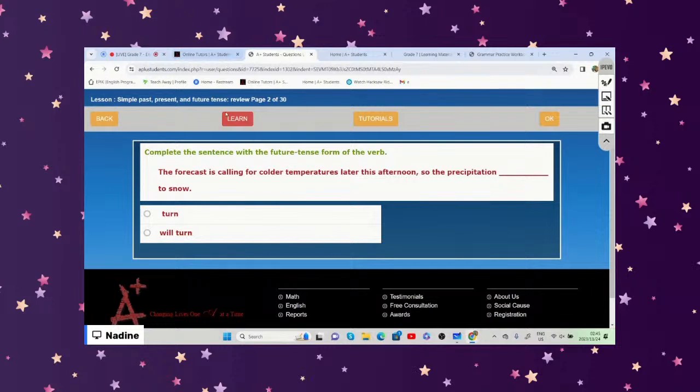So we then say the forecast is calling for colder temperatures later this afternoon. So the precipitation, here it says we need to write it in the future tense. Then it means will turn to snow. Will turn.